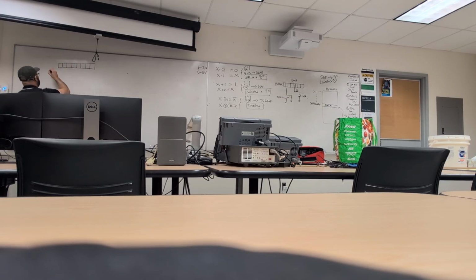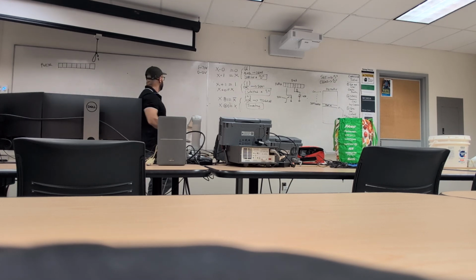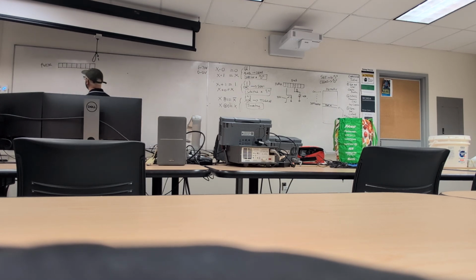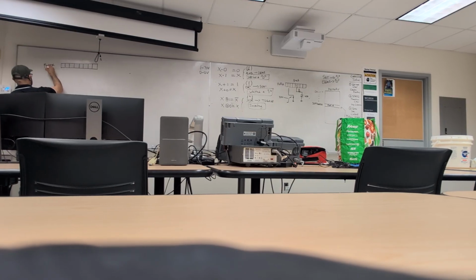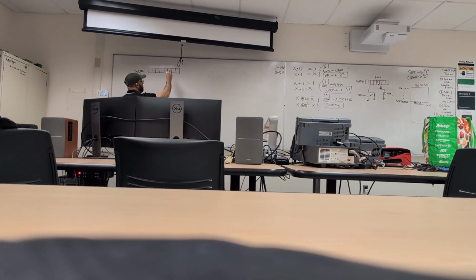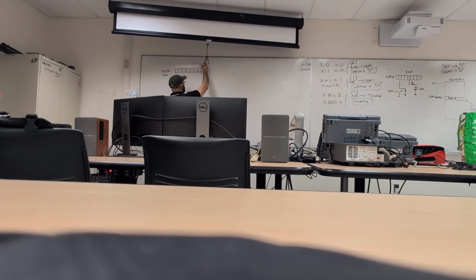This is my port A, okay? And again, I'm simplifying this whole thing. The ports in this micro are 32 and 16 bits, but I just want to make it 8 bits so we can make it simple, okay? And this will be my bit 0, bit 1, bit 2, bit 3, bit 4, bit 5, bit 6, bit 7.